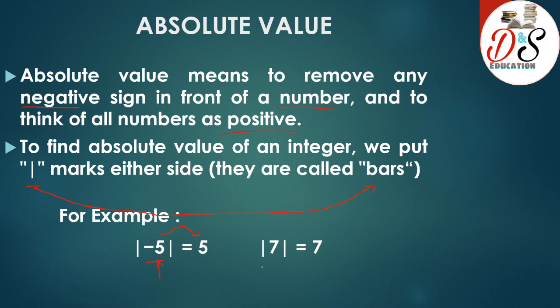Similarly, in this example, this is a positive integer, and when we find the absolute value of this integer, we get +7. Now remember, whenever you place a negative or positive integer in the bar, the result will always be a positive integer in the case of absolute value. I hope you now understand what the absolute value of an integer is.